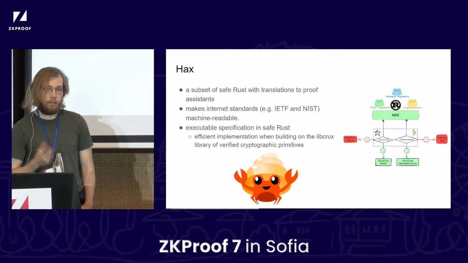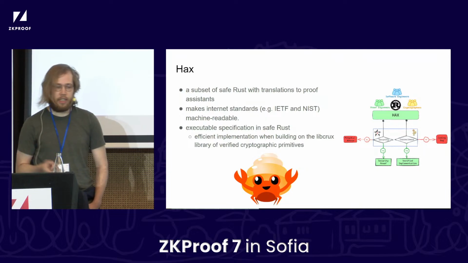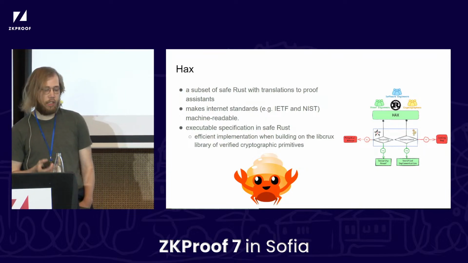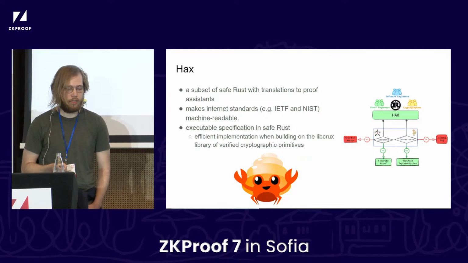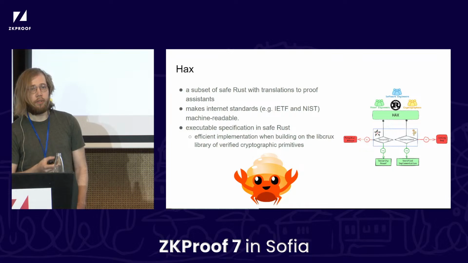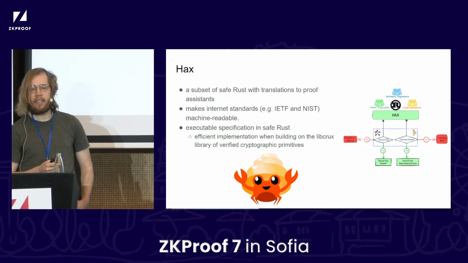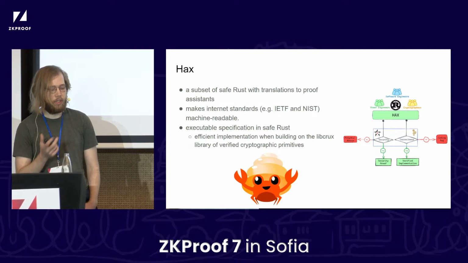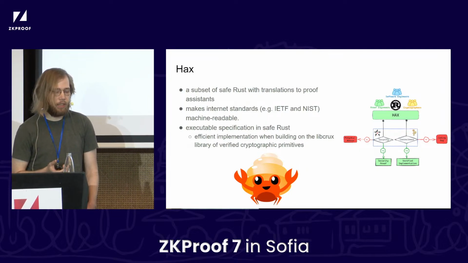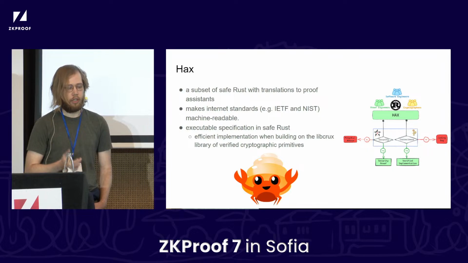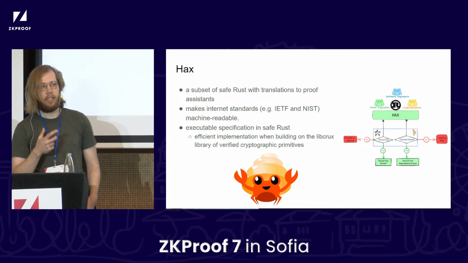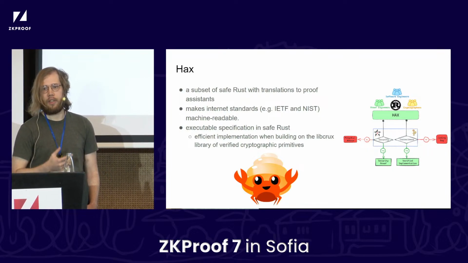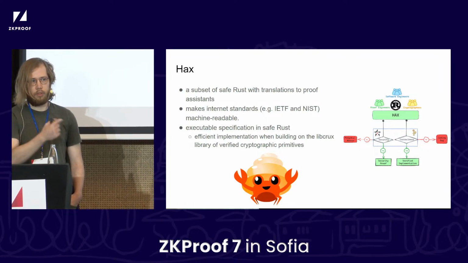So more about Hacks. As I said, Hacks is a subset of safe Rust with translations to proof assistants. One of the projects within Hacks is Hacspec, which has a goal of making a lot of these internet standards like IETF and NIST more machine readable, so we can actually run them and we can have reference implementations to test against.